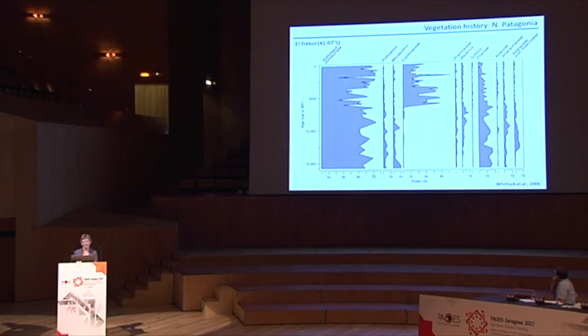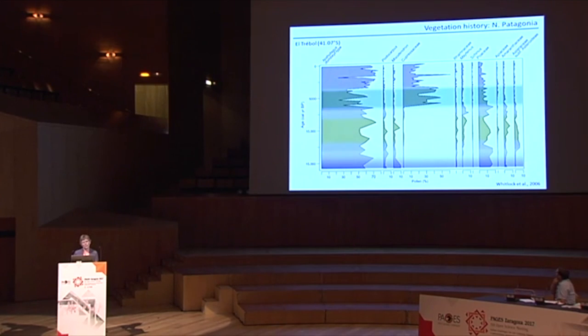A simple record from the same latitude in Patagonia shows kind of the similar phasing in the response to climate. There's this high period of Poaceae at the beginning with a lot of Nothofagus, so it's still growing there. There's a warm, dry period that's characterized by a lot of herbaceous taxa like Asteraceae and various shrubs and small trees.